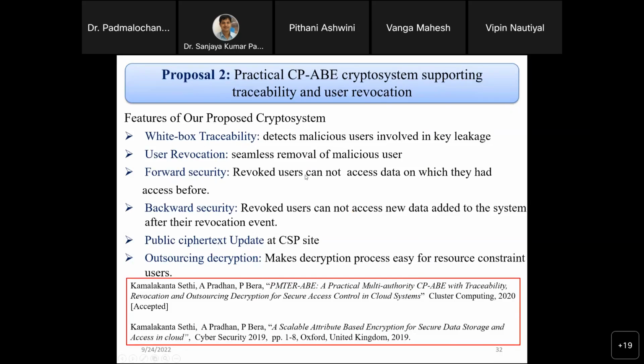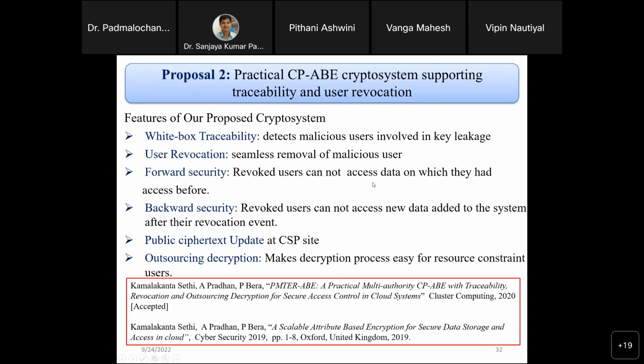For that, various features like forward security, backward security, and user revocation are attached to these CP-ABE crypto systems.